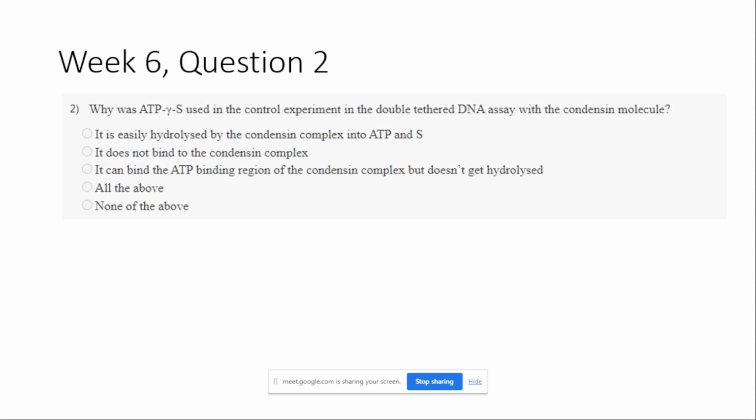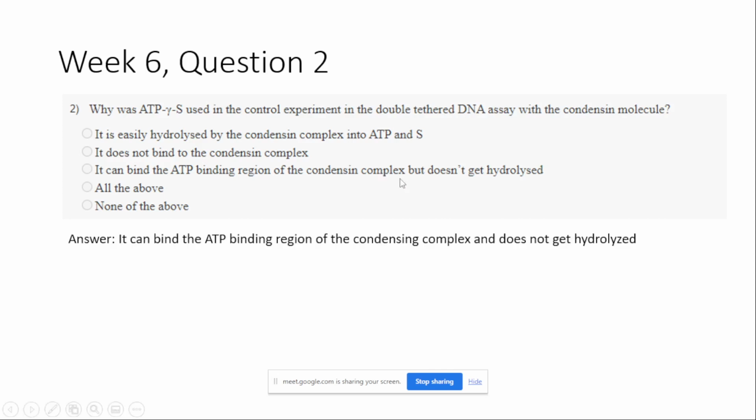So they used a non-hydrolyzable analog of ATP, so that it will not be hydrolyzed to ADP, because if it were hydrolyzed, there would be no more ATP. So the option is: it can bind the ATP binding region of the condensin complex but does not get hydrolyzed. That's why they used ATP gamma S.